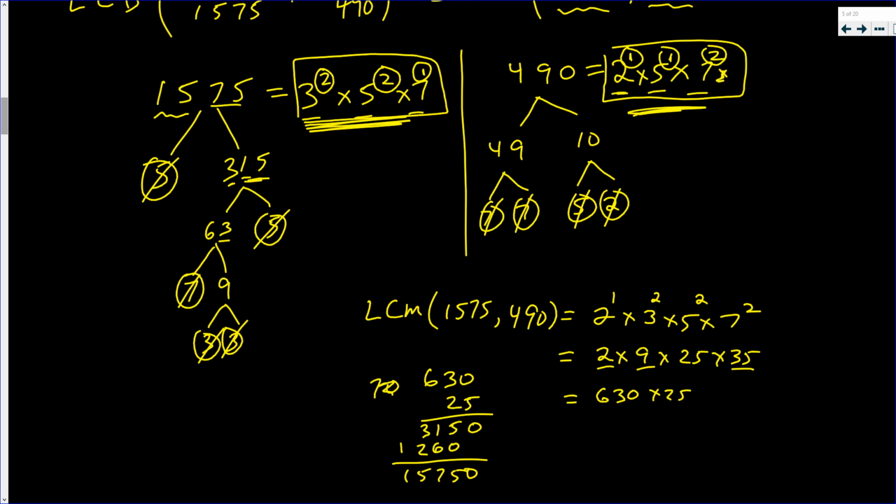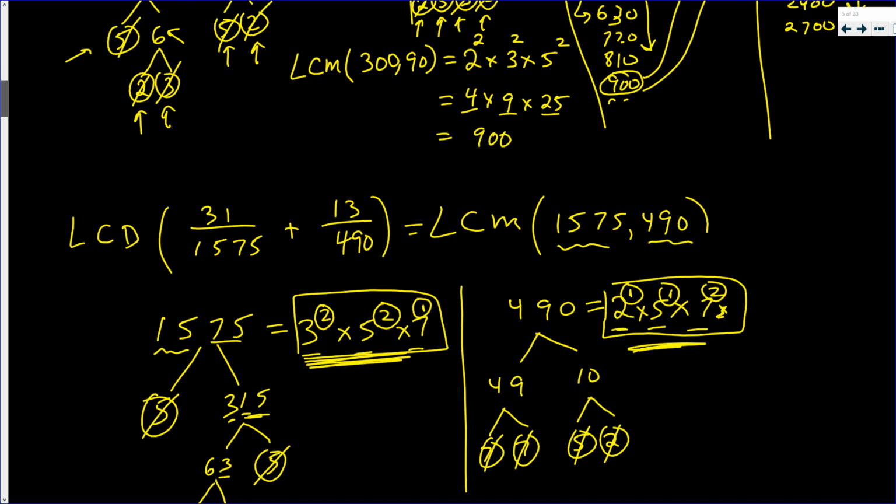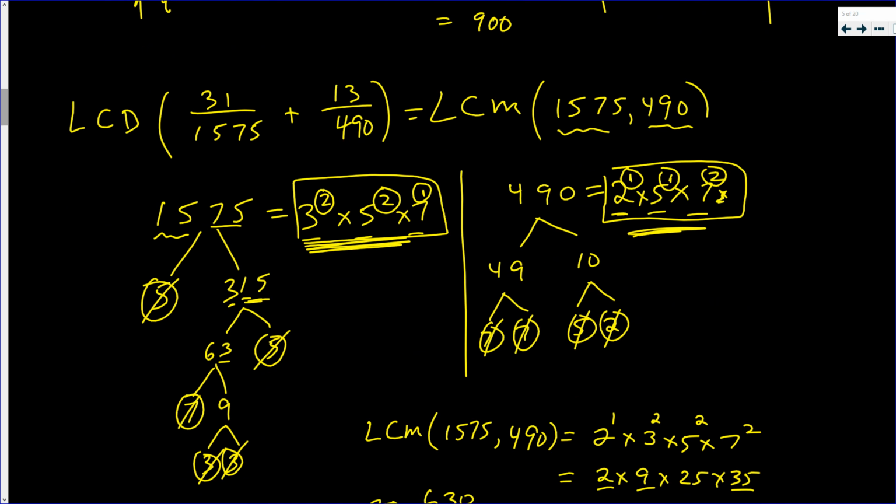Okay, that is the least common multiple. 15,750. That is the LCD of these 2 fractions equals the LCM of these numbers, which is 15,750.